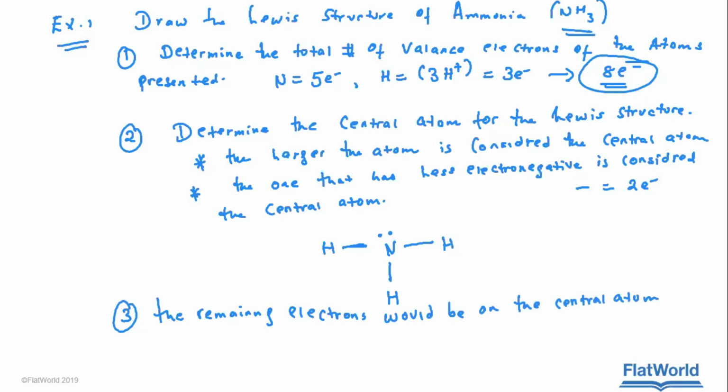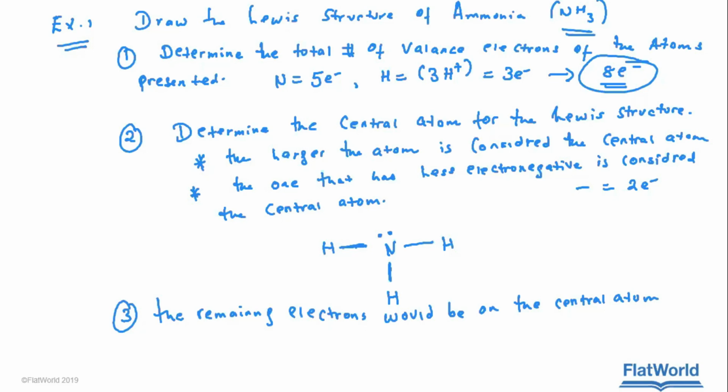And that way, every element is achieving octets. Nitrogen has 2, 4, 6, and the remaining 2 electrons make 8. So we distributed all the 8 electrons. This is the right Lewis structure for ammonia.